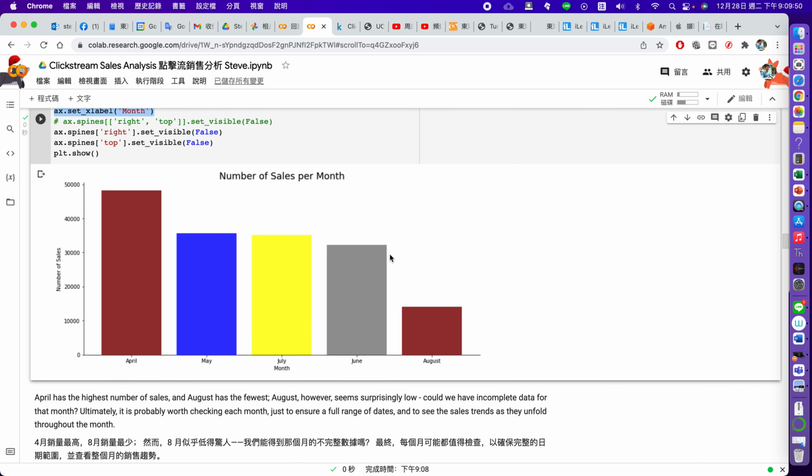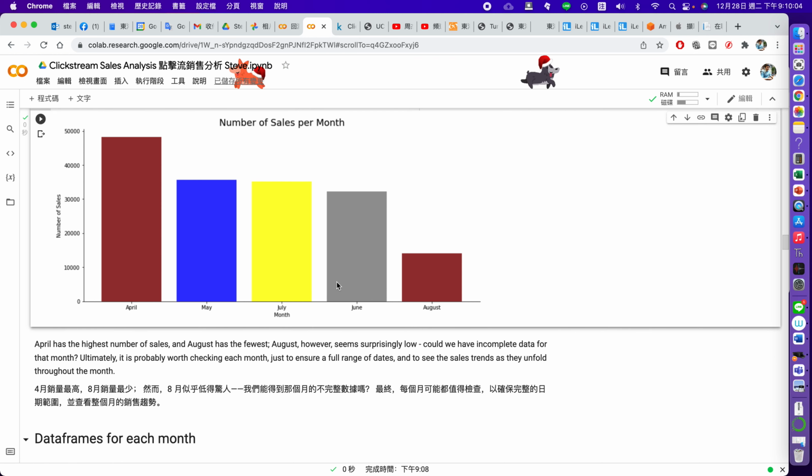And you can find from this diagram the total sales for August is much less than the rest of the 4 months. So basically we made a summation, so there is not a whole month for August. So maybe it's just a part of August.